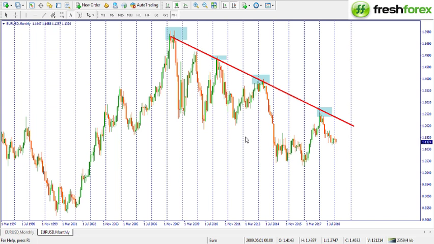This is a higher high. And then we have a lower high. Then we have this one, lower high. And then there's the next one, another lower high.